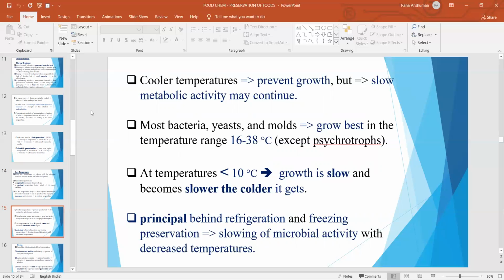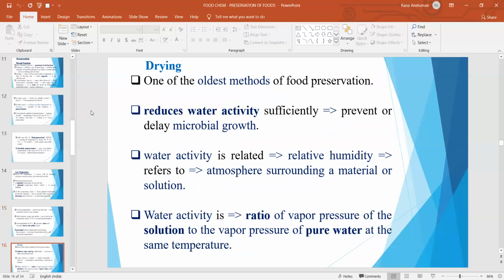Obviously, the exception is psychrotrophs, which will grow even at lower temperatures. At temperatures lower than 10 degrees centigrade, growth is slow and becomes slower the colder it gets. The principle behind refrigeration and freezing preservation is the slowing of microbial activity with decreased temperatures.